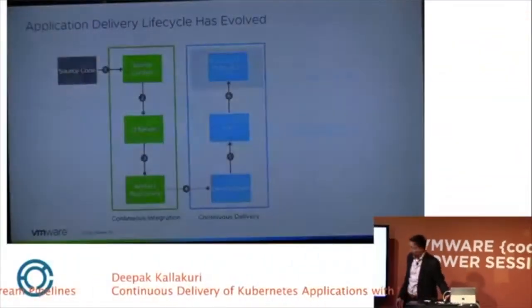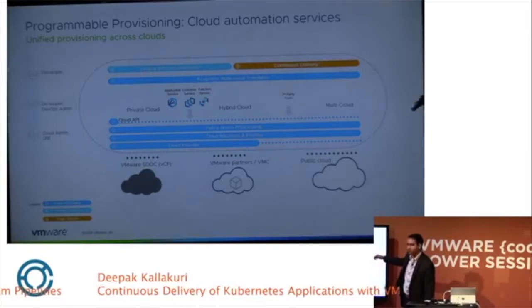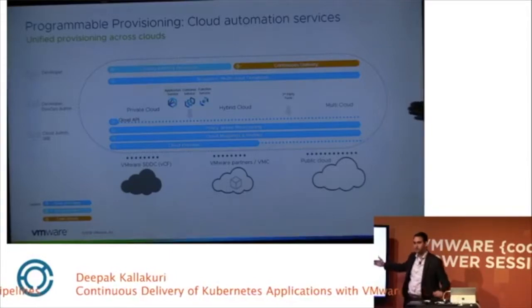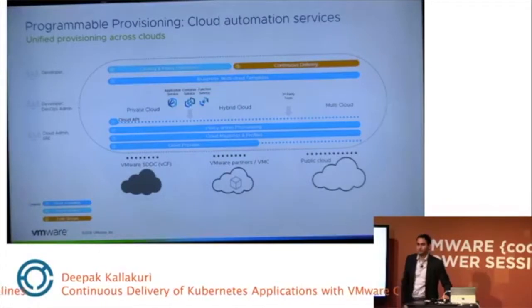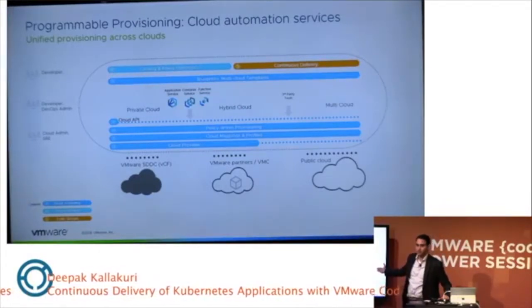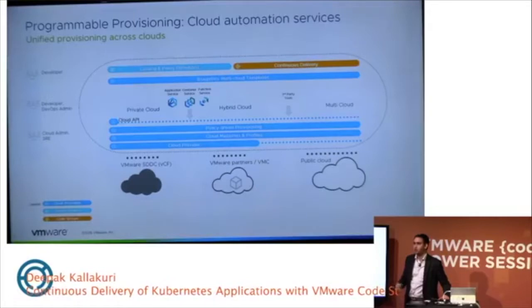In this slide, looking at multiple clouds, there are three different layers the way we look at it. One is the provisioning layer, policy-based provisioning, which is Cloud Assembly. You could be consuming VMware Kubernetes Engine, for example, from the previous session, as one of the public cloud services, and CodeStream could do continuous deployments onto it.